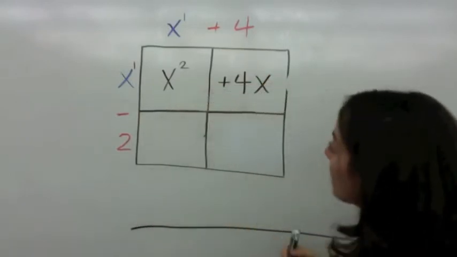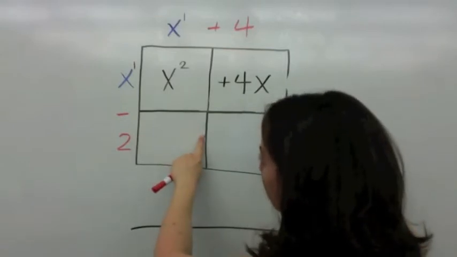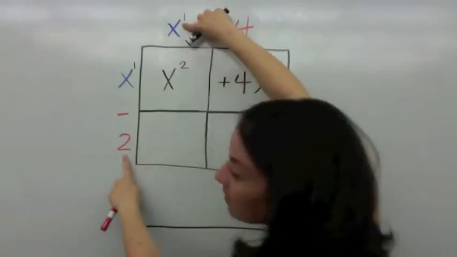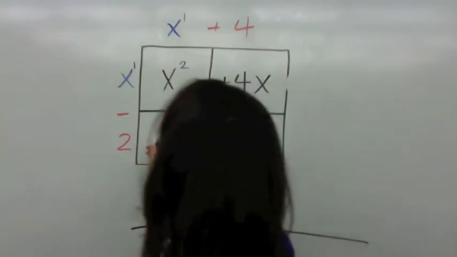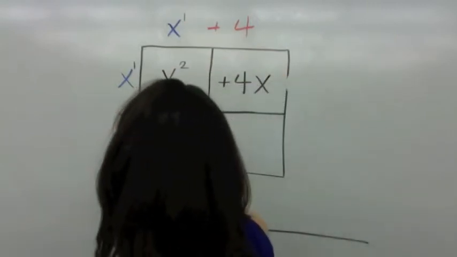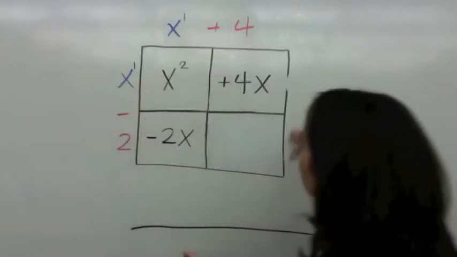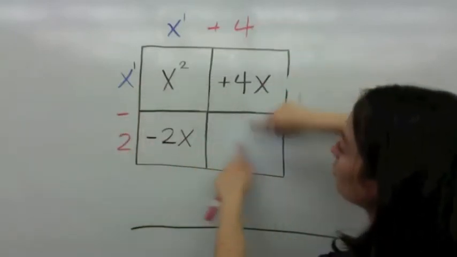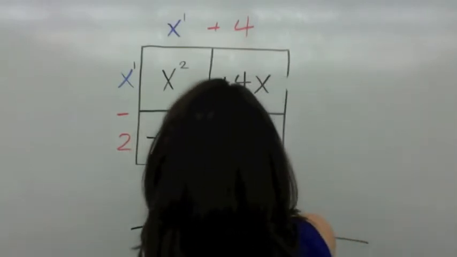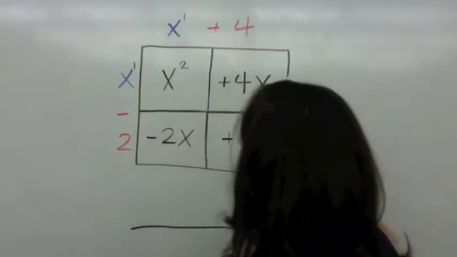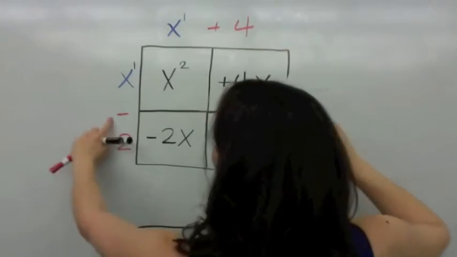That's a positive 4x. Good. Now we'll look at the bottom square on the left. We have x and negative 2. X and negative 2 make negative 2x. And last, you have 4 times negative 2.